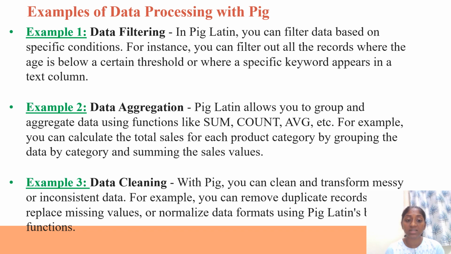Example 3. Data cleaning. With Pig, you can clean and transform messy or inconsistent data. For example, you can remove duplicate records and replace missing values or normalize data formats using Pig Latin's functions.